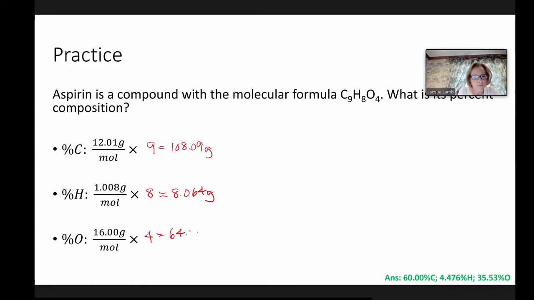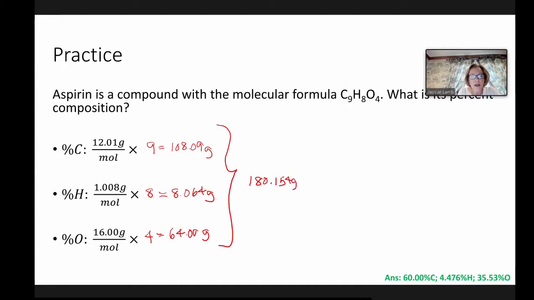This would be in 1 mole. And we'd simply divide that by the total. You'd simply add those 3 together to get the total. It's 180.154 grams.